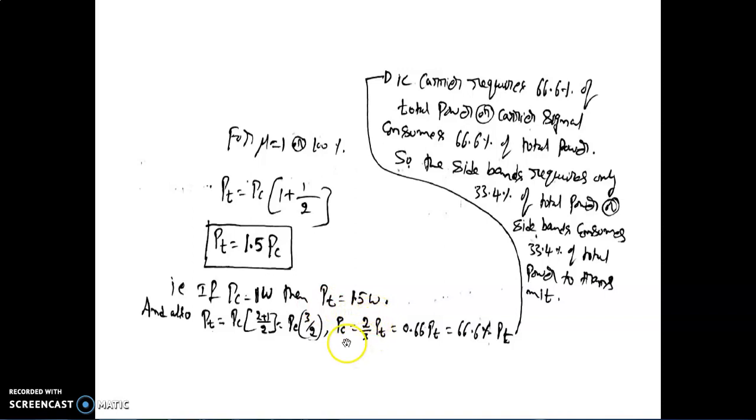Further, it is shown that carrier power is equal to 66.6% of the total power, which means 66.6% of power is required to transmit the carrier signal, and the rest of the power, 33.4%, is required to transmit the sidebands. That means sidebands consume less power compared to the carrier.